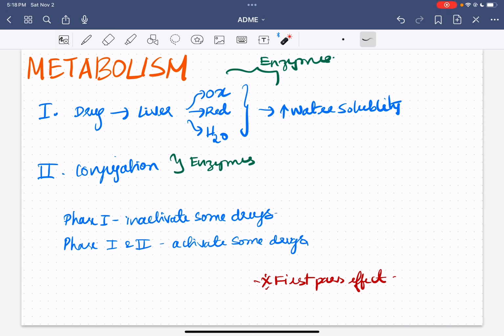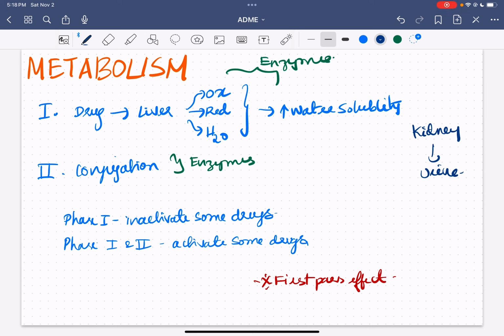See, how do we primarily excrete drugs out of the body? We primarily excrete drugs through the kidney, through urine, right? And if it needs to be excreted by urine, it needs to be water soluble, so that it can get filtered through the nephrons, pass through the collecting ducts and go out as urine. So to make a drug get excreted, you need to make it water soluble.